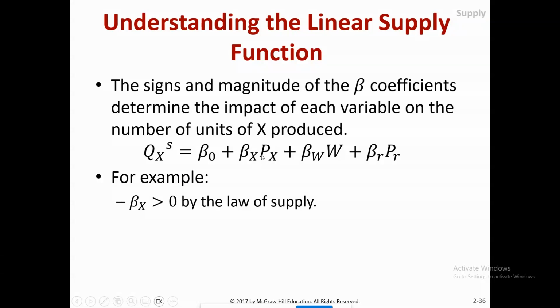Generally speaking, beta x in front of price of x is positive because of the law of supply. Buy low, sell high. When price is getting higher, it is more likely to attract resources to produce this product, so quantity supplied increases. Price getting lower discourages resources and quantity supplied decreases.